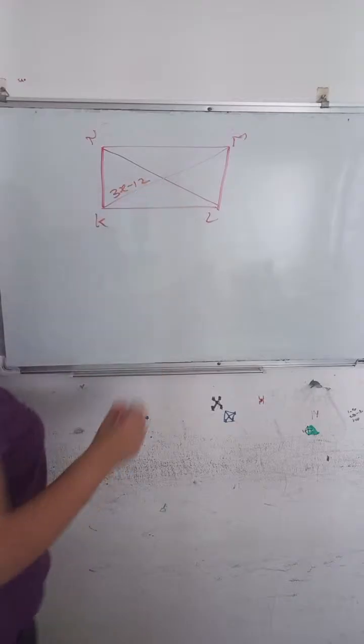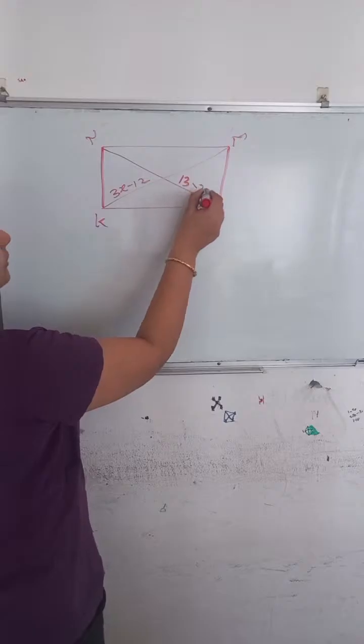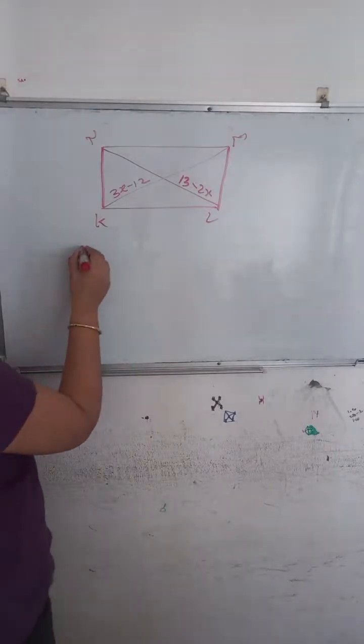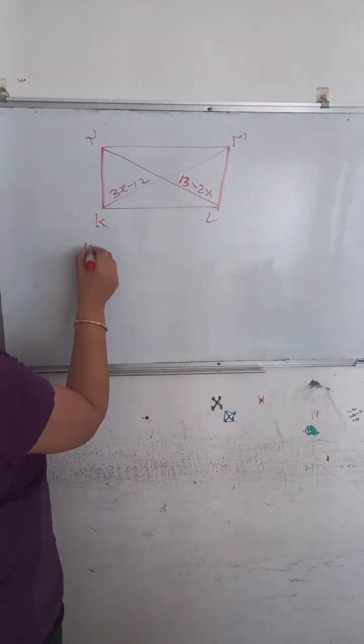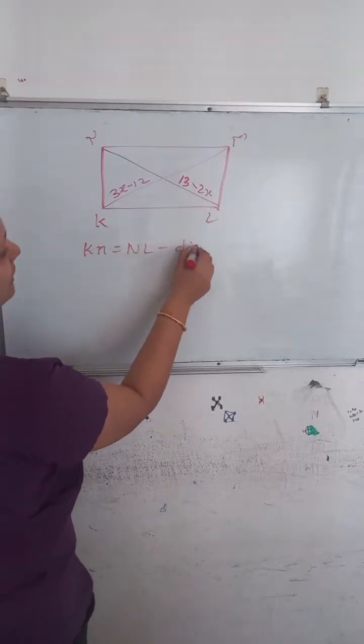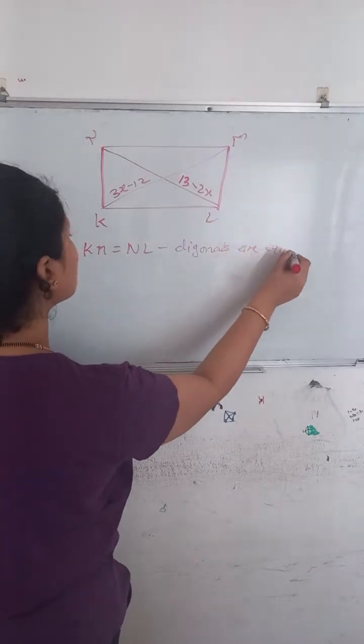This is 3x minus 12, and this is 13 minus 2x. In a rectangle, diagonals are the same, so we can write KM is equal to NL. Diagonals are equal. Give the reason.